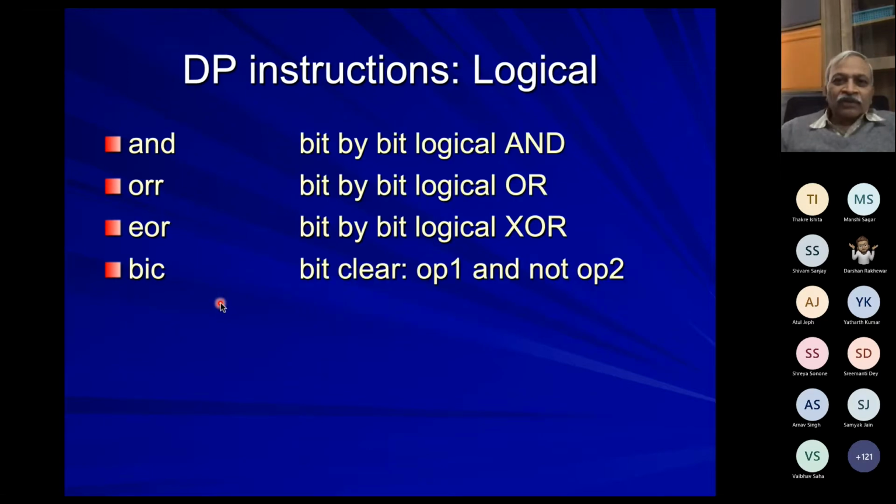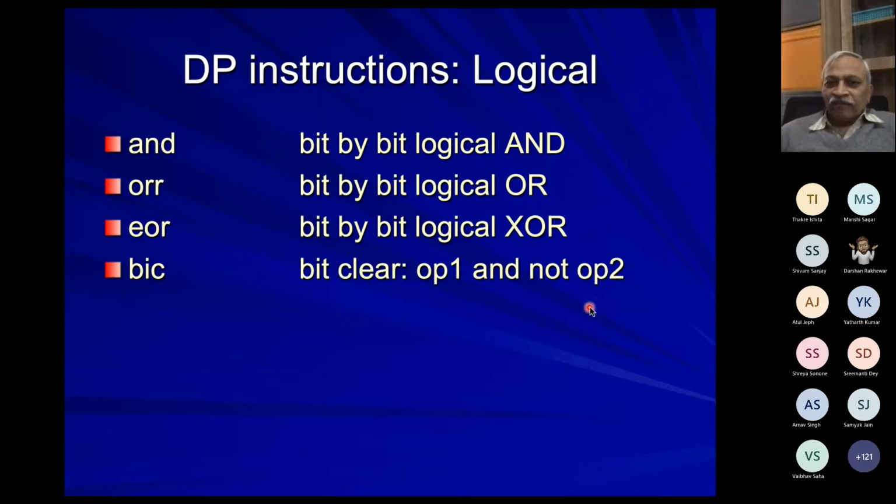The DP instructions include logical operation. There are 4 of these: and, or, exclusive or, and bit clear. So these are very obvious: bit by bit logical operation, and, or, XOR. Bit clear basically performs OP1 and complement of OP2.